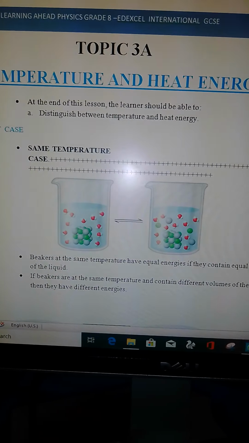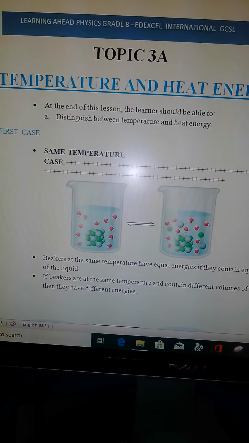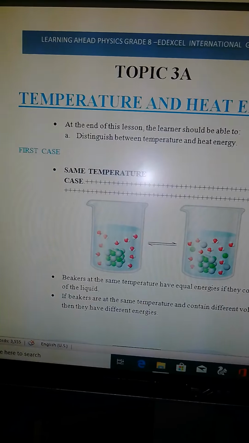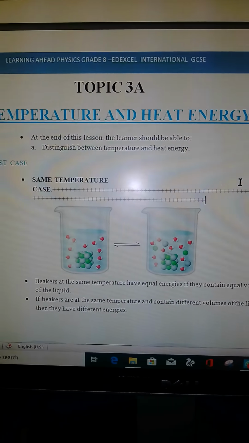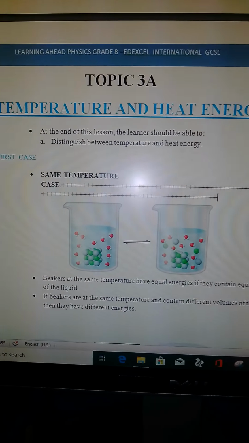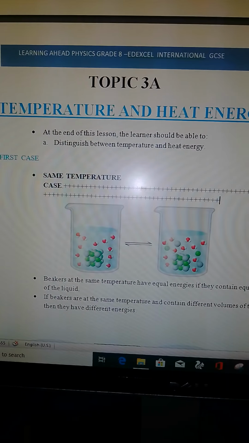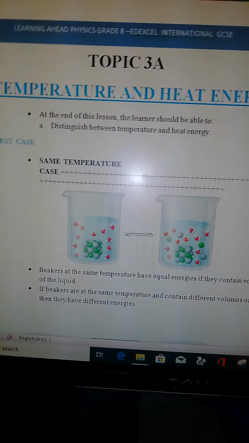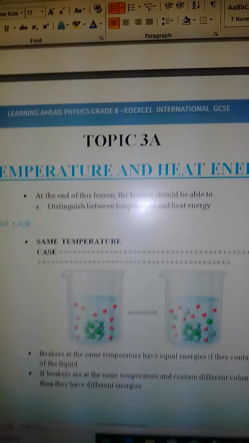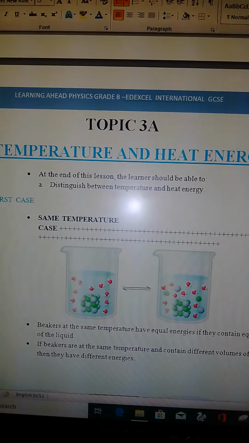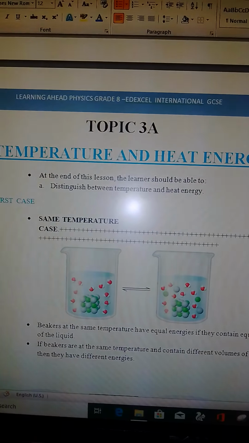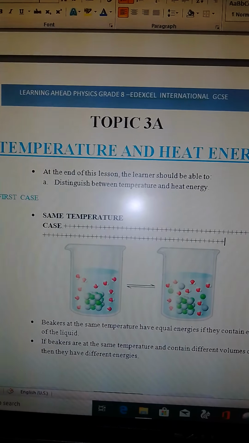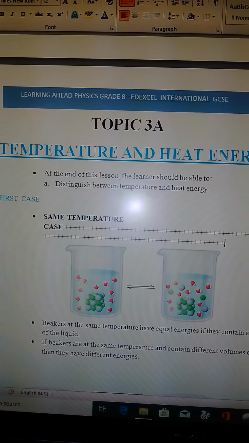In our last topic, we differentiated between temperature and other quantities like heat. We defined temperature as the degree of hotness or coldness of a body measured on a temperature scale. We say that there are two major units that we can measure temperature in: the Kelvin scale and the Celsius scale.